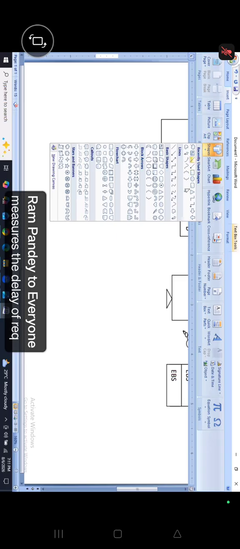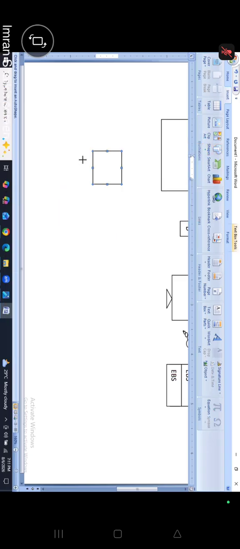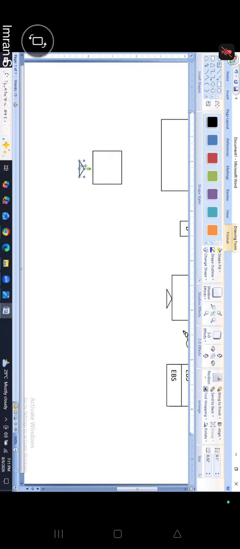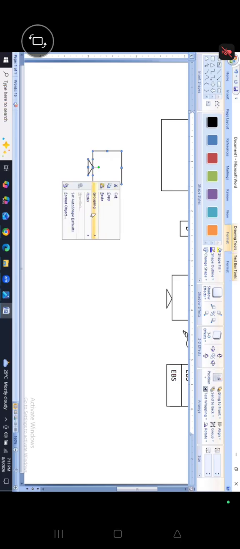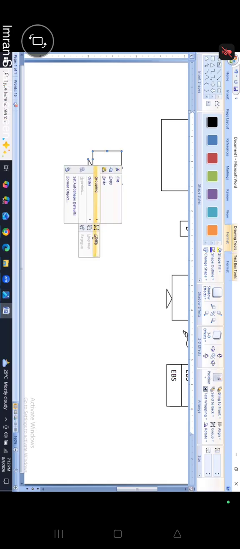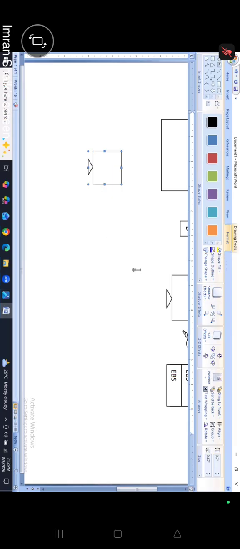Very good. Delay. What delay? Delay between request and response. The request and response delay time we are going to consider as latency.